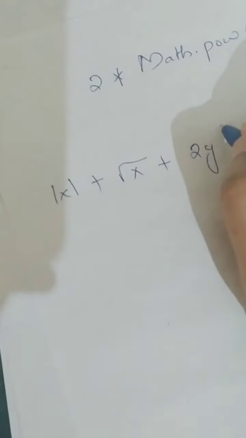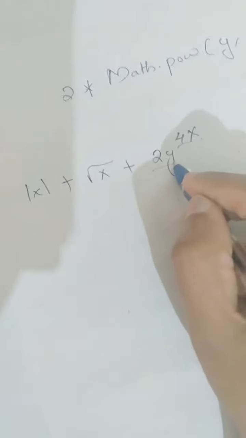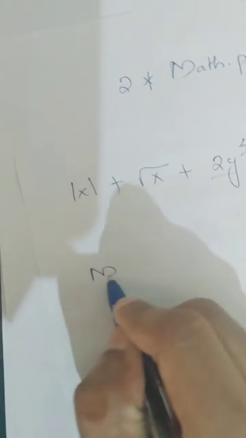Listen, I will write the question and answer here. There is no 4x in Java, there is no 2y in Java. So how will you write that?